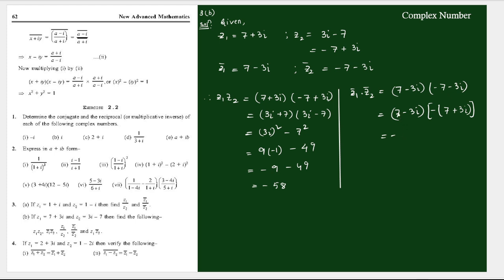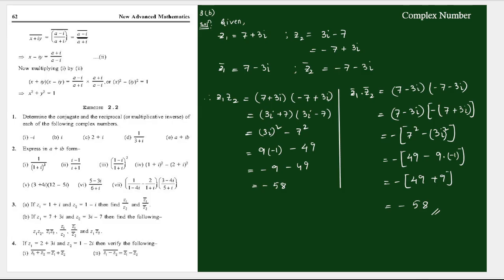This is a minus b, this is a plus b. So it will give us the same, 7 square minus 3i square, a square minus b square. So minus 49 minus 9 into minus 1. So this is 49 plus 9, and the same, it will give us minus 58. Now we'll go for the division part.